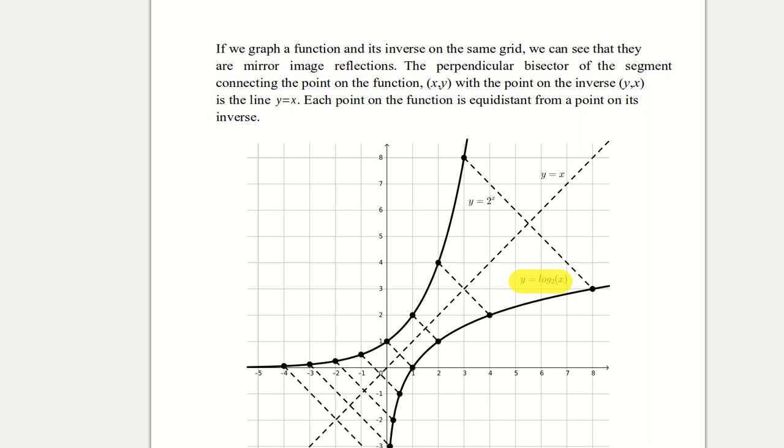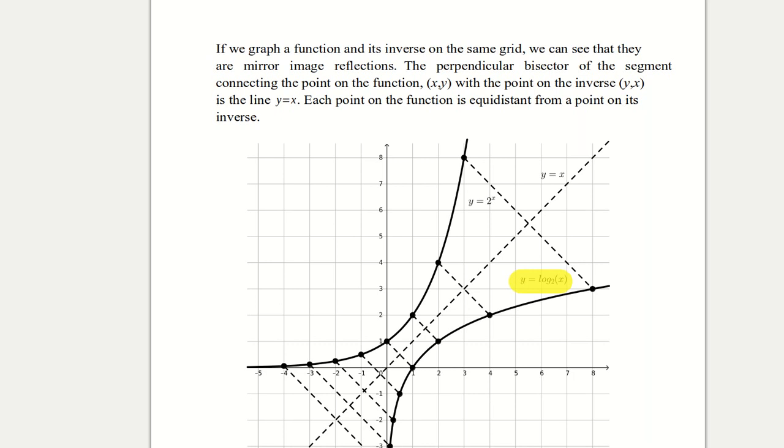So that's the same mirror image, a little bit more difficult to see when it doesn't cross the line because each of these points is a mirror image across it. So those dashed lines show us how each point is connected to its mirror image. In other words, each point is equidistant from that line.